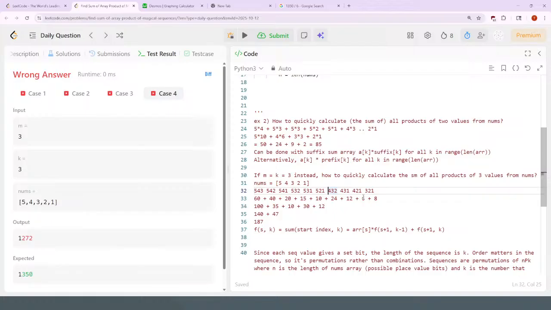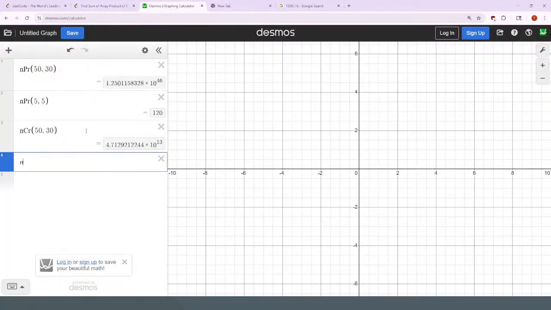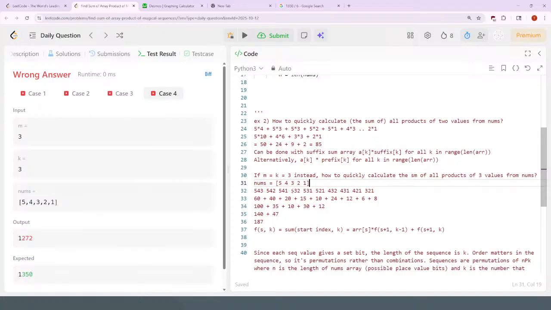And then it's supposed to be 5 choose 3, which should be 10 terms: 1, 2, 3, 4, 5, 6, 7, 8, 9, 10 terms.